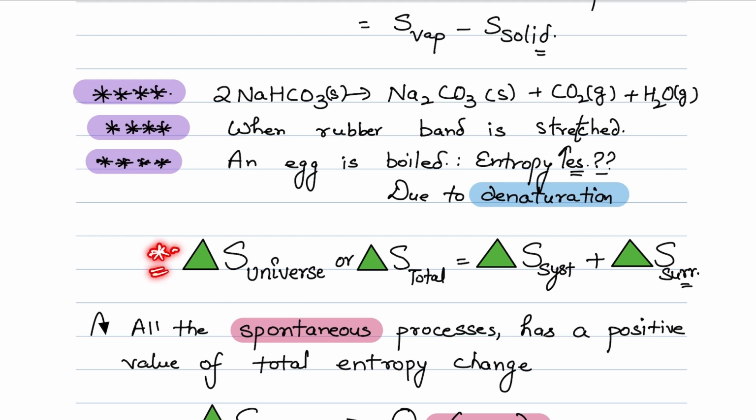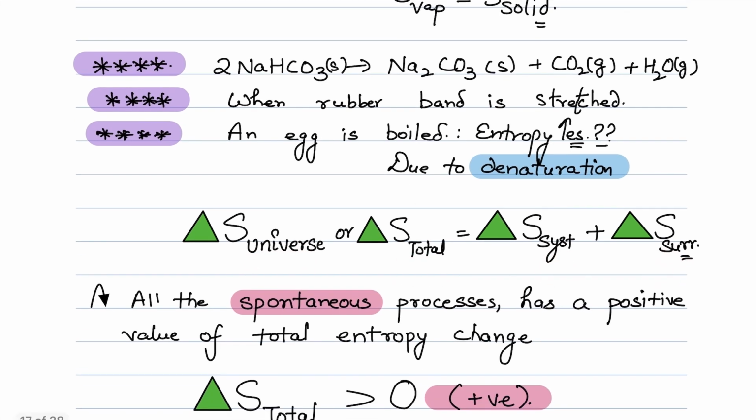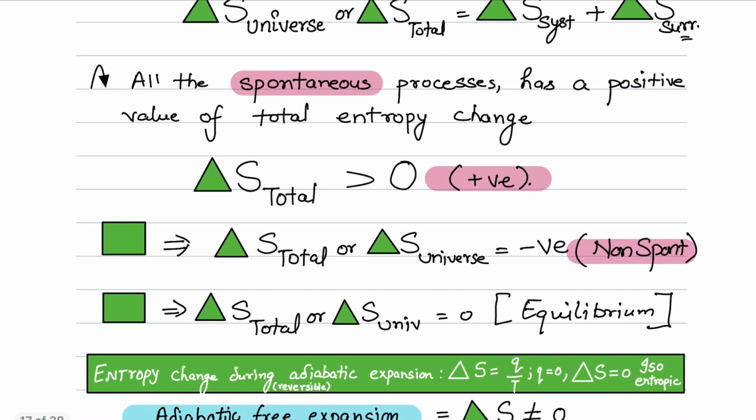So we can say that delta S for universe, or the total entropy change, is basically equal to system plus surrounding. All the spontaneous processes have some positive value of total entropy.